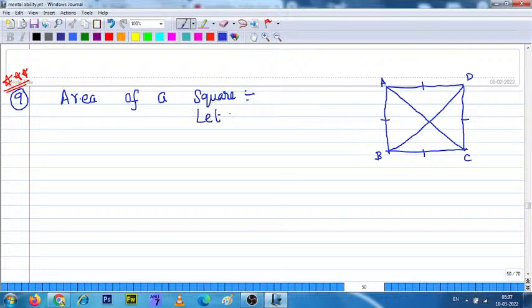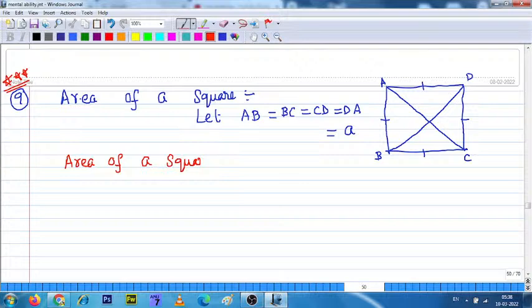Let AB equal BC equal CD equal DA, each equal to A units. Then the area of a square is side into side. This is a special case of a rectangle. In a rectangle, if length and breadth are equal, it becomes a square.